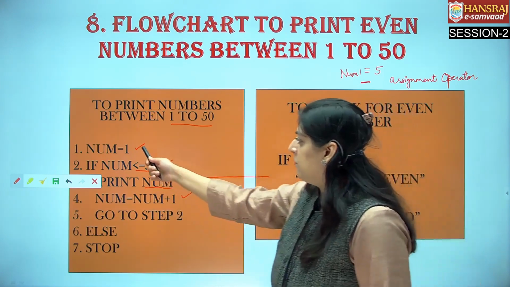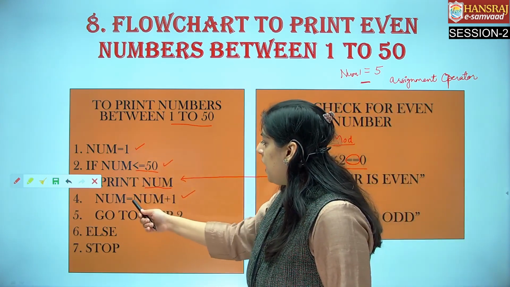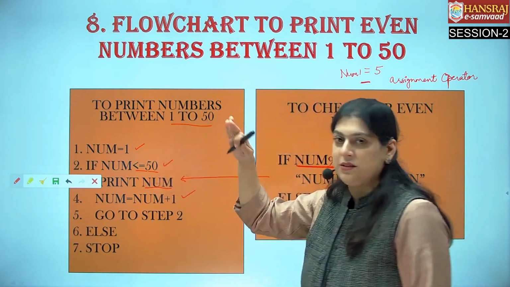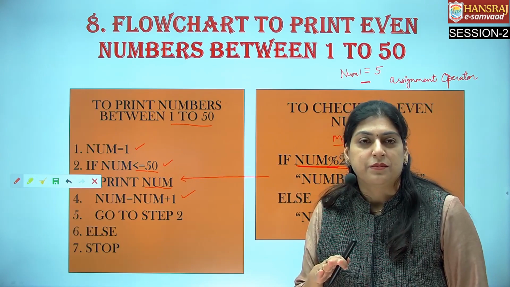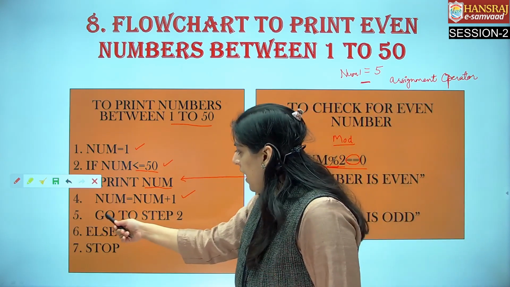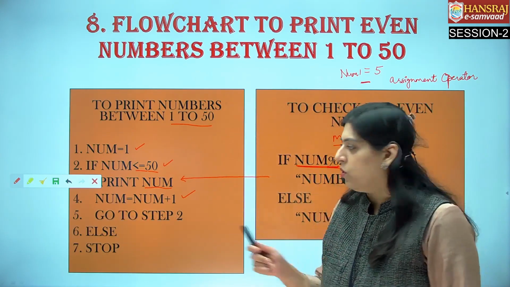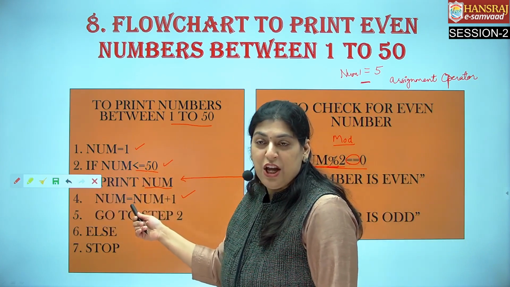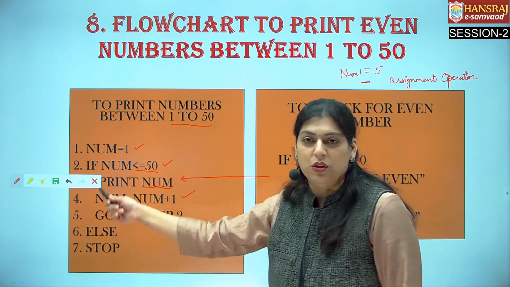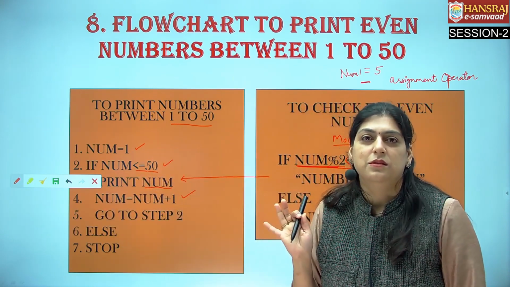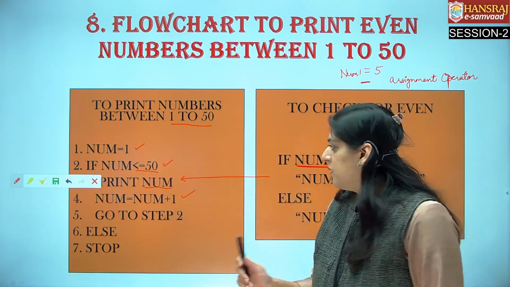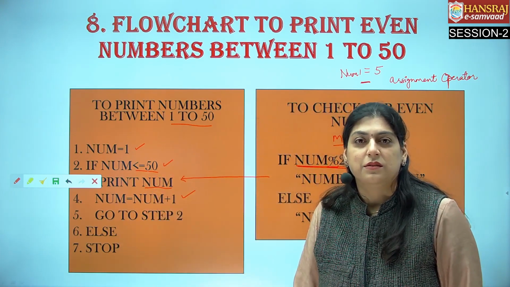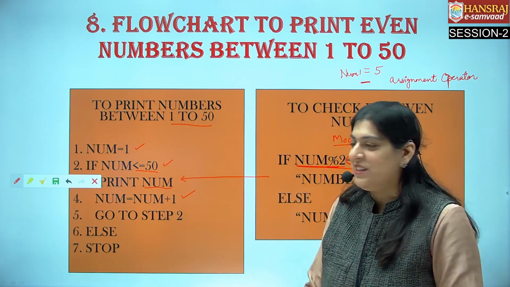Num1 less than or equal to 50, num is equal to num plus 1, and in between you can write what statement needs to be repeated. Same way as we have done for the factorial. Go to step 2, again check the condition, perform the task, increment the counter, again go to step 2. Once this is done, stop. Okay, so let's see the flowchart now.